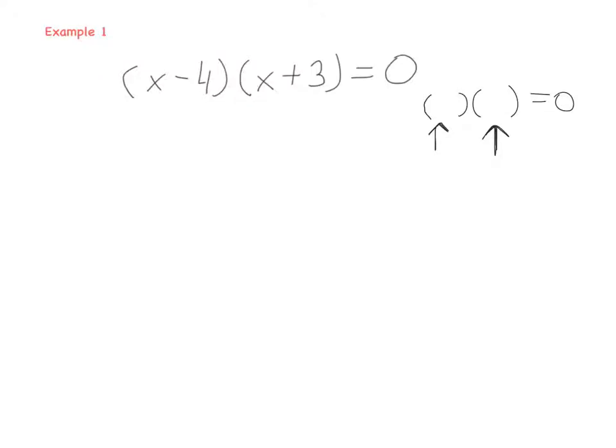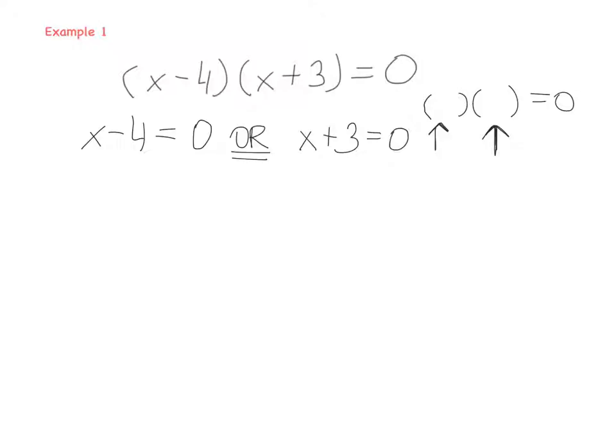So we will follow this step. First bracket: x minus 4 equals 0, or x plus 3 has to be 0, okay? If we have the answer 0, one of the factors has to be 0.